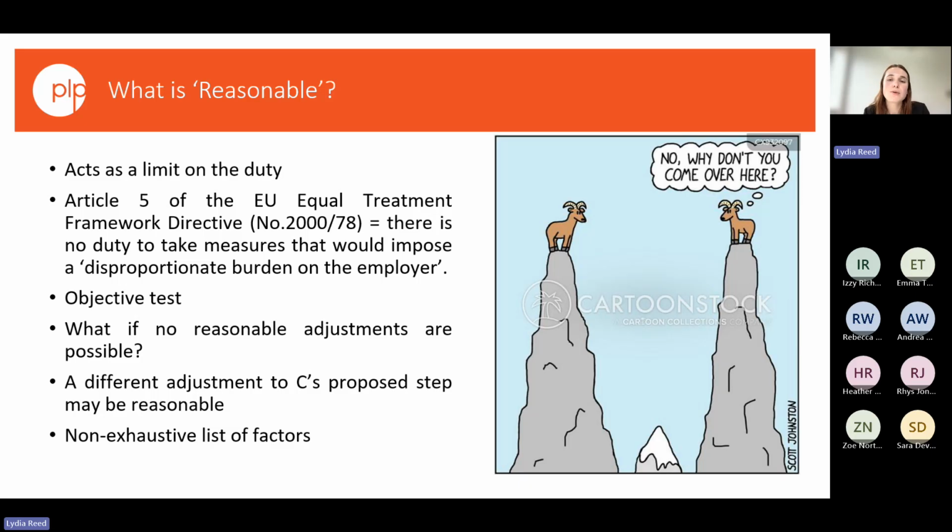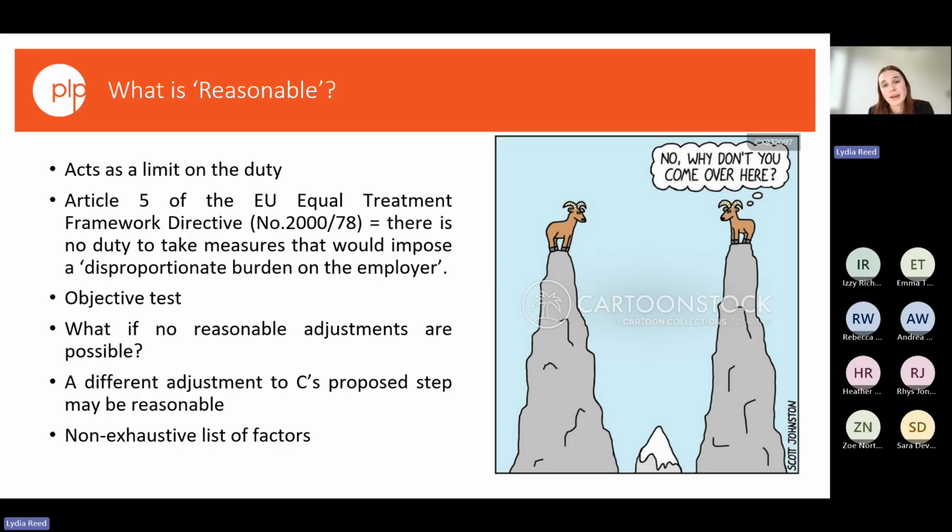In that scenario, the tribunal will look holistically at how the adjustments are in practice, and really answer that question of whether it effectively alleviates the substantial disadvantage.